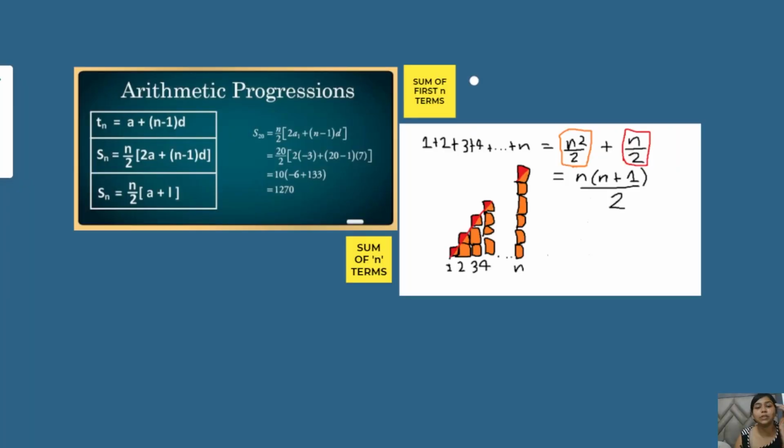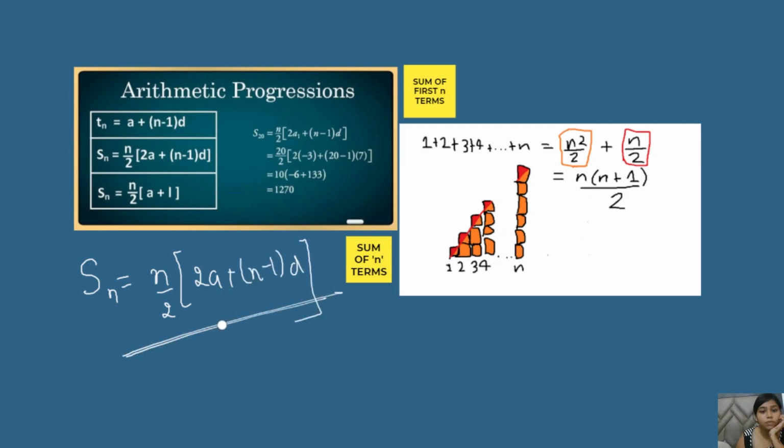So here we will study the sum of the first n terms. The sum is represented like this, and the formula is Sn equals n by 2 bracket 2a plus n minus 1 into d. You are already aware of all the terms: A is the first term, N is the number of terms, D is the common difference.